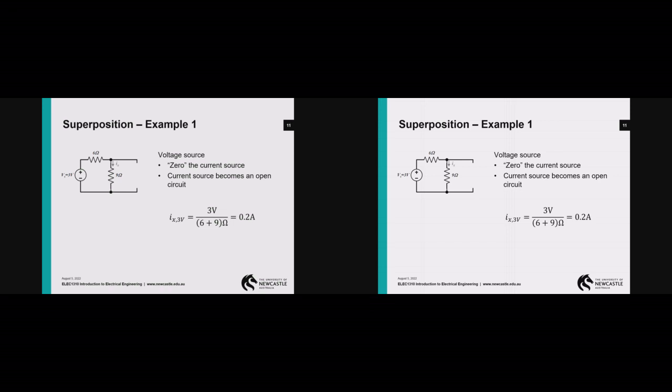So Ix, due to the 3 volt voltage source, would be just that 3 volts divided by the total resistance it sees, which is 6 plus 9. So I've got 3 divided by 15, which is 0.2 amps.